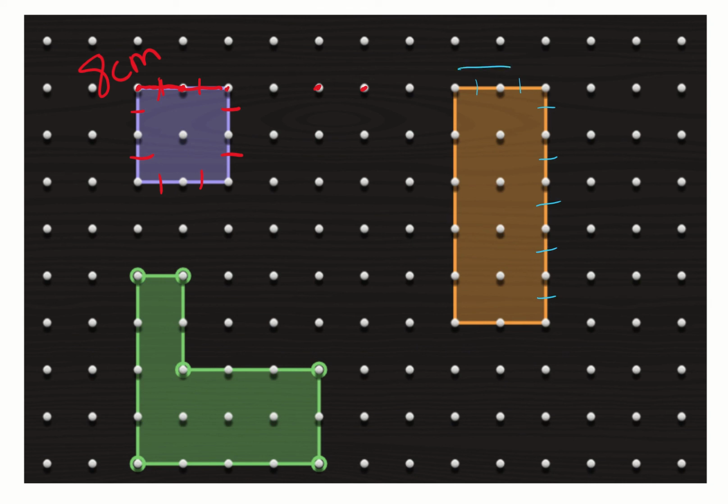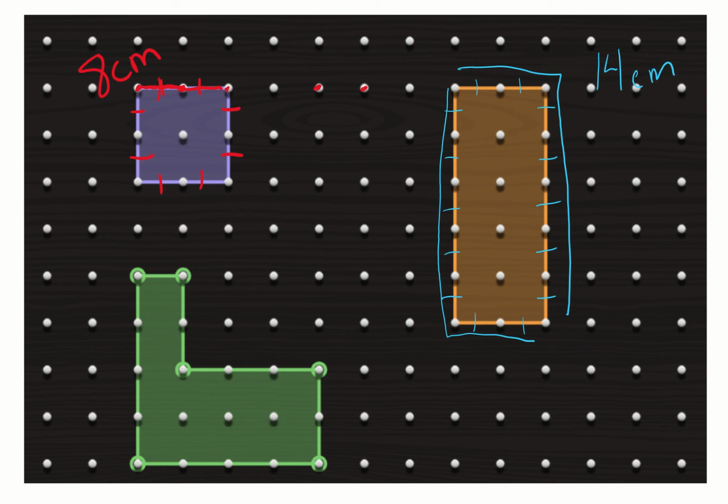If this and this is 7, then this side and the bottom here must be 7. So you could quickly say 7 and 7 is 14. Let's figure that out: 7, 8, 9, 10, 11, 12, 13, and 14. So this would be 14, and we know that our units is centimeters. It would be 14 centimeters.